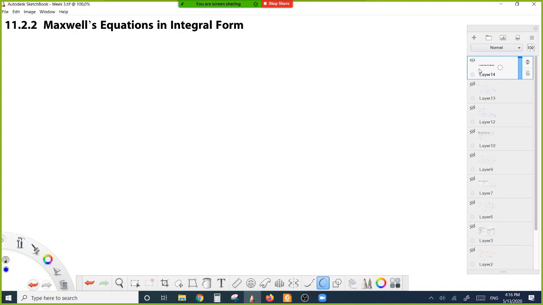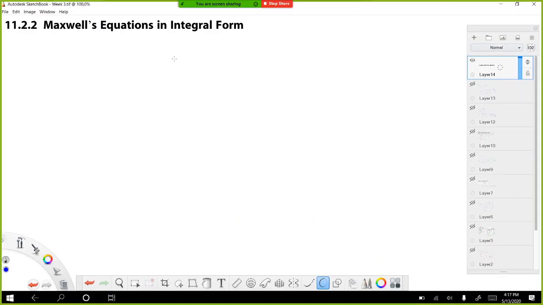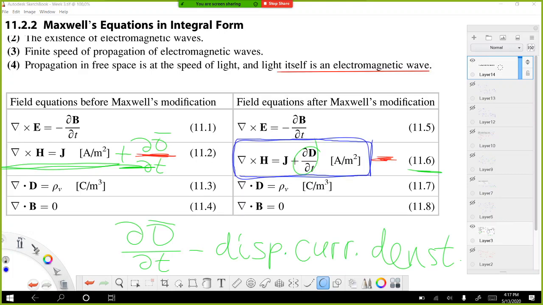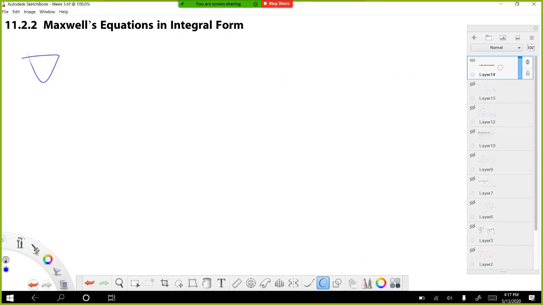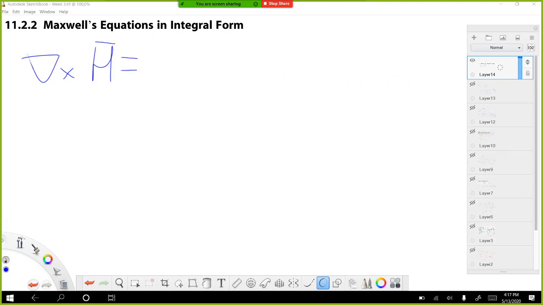Okay, we start with the equation 11.6. Rotor of H is equal to J plus dD over dt.